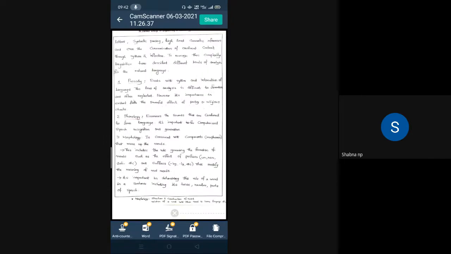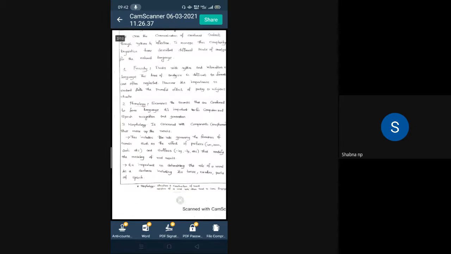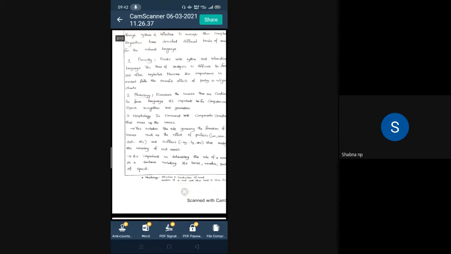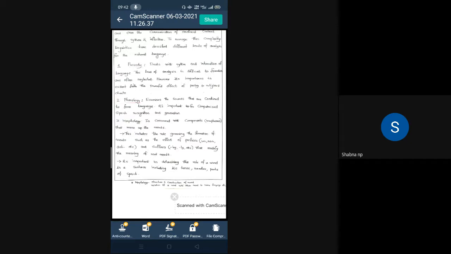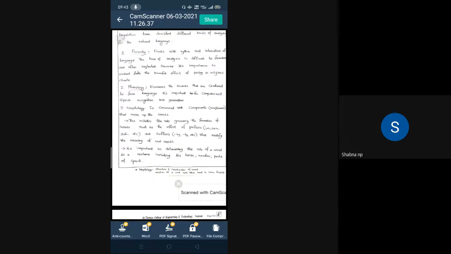For example, this includes the rules governing the formation of words, such as the effect of prefixes like un, anti, etc. and suffixes like ing, ly, etc. that modify the meaning of root words.